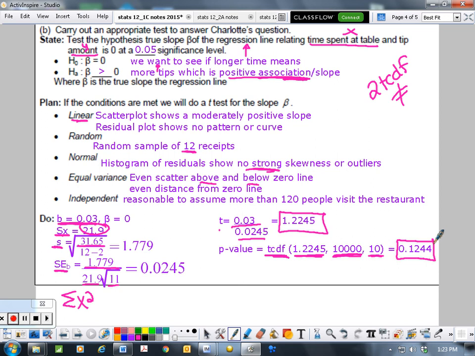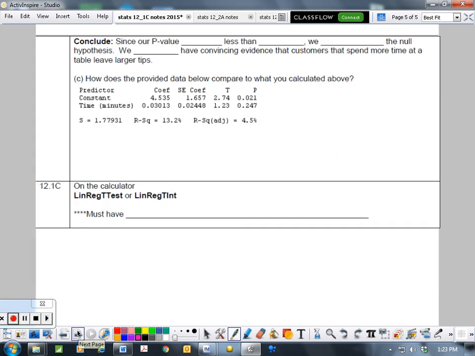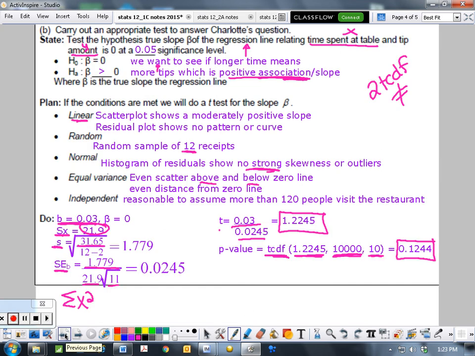Now that we have our probability value, we ask, is this less than our significance level, which we chose 0.05?